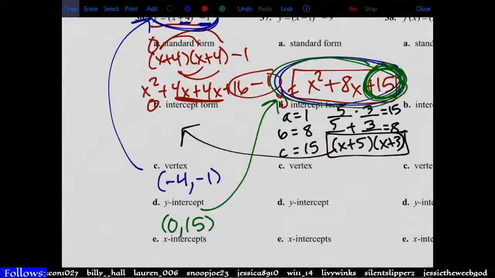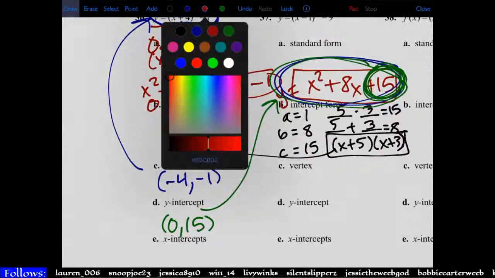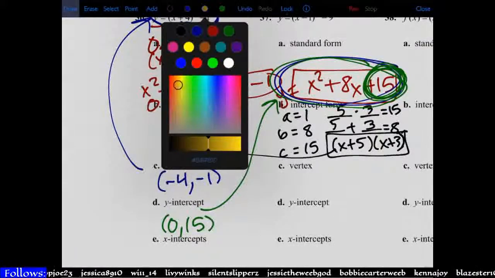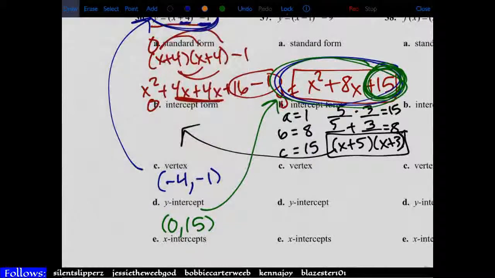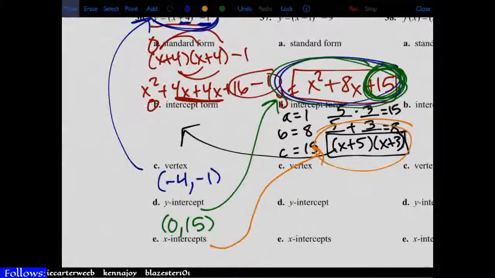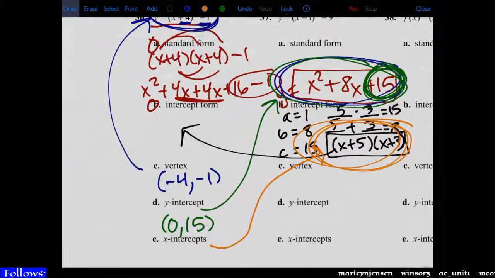And the last one. Do an orange, shall we? Perfect. X-intercepts come from intercept form. I know there are pink markers, Bobby, but I don't have pink markers.